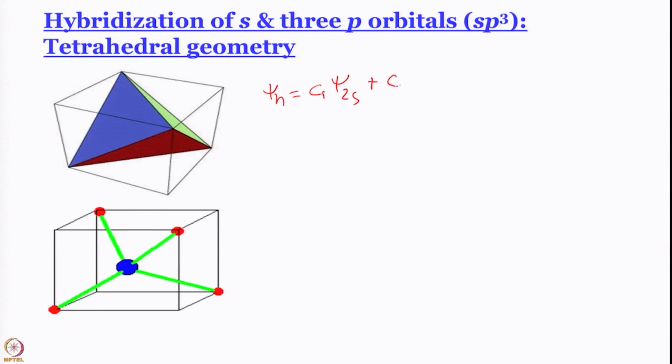So, I can write plus C2 psi 2px plus C2 psi 2py plus C2 psi 2pz. If you cannot read my handwriting, please do not worry, I will show you the final result in a nice form anyway. Okay. So, how many such hybrids are there? I can write 1, 2, 3, 4.